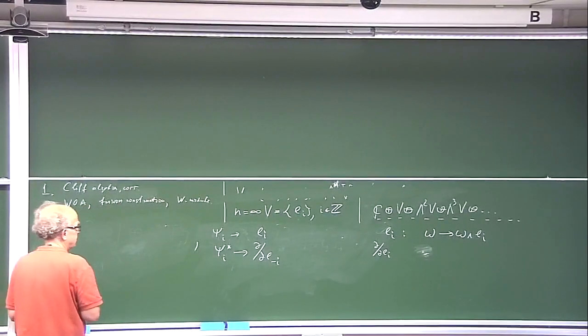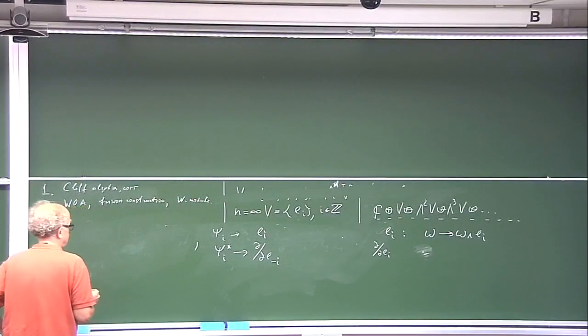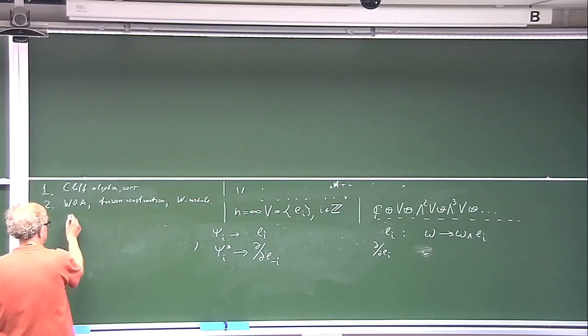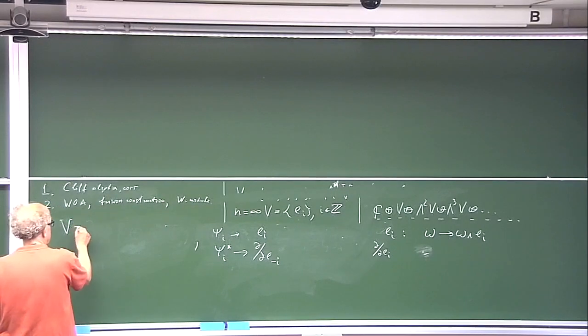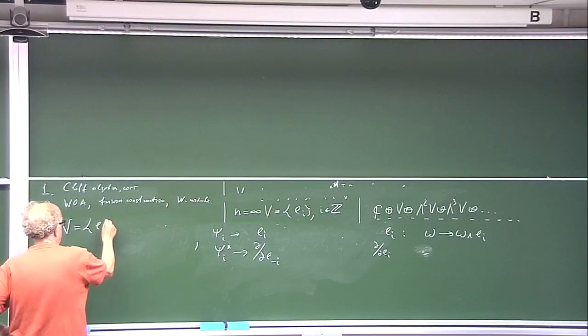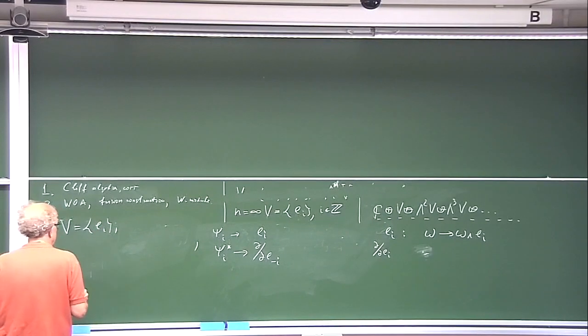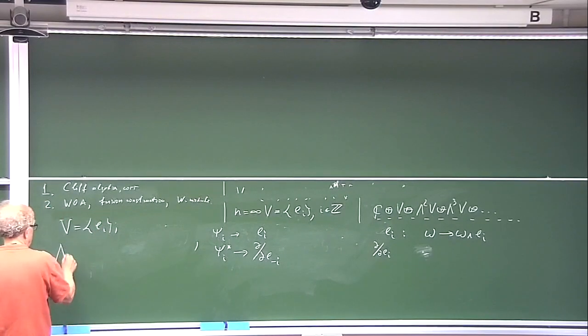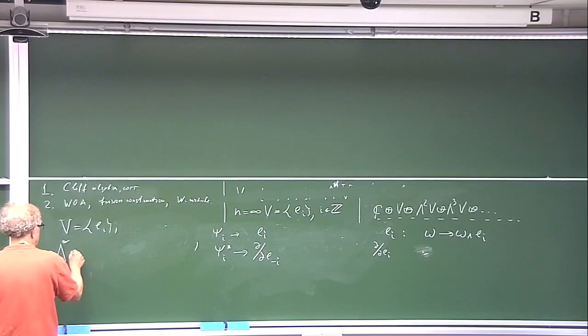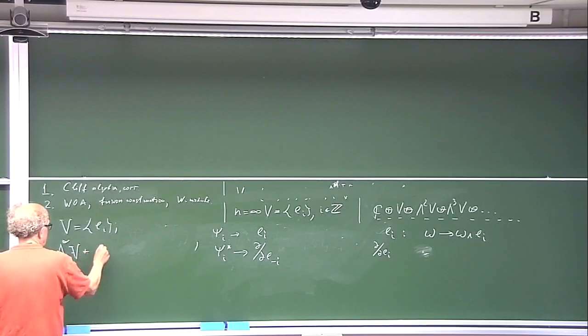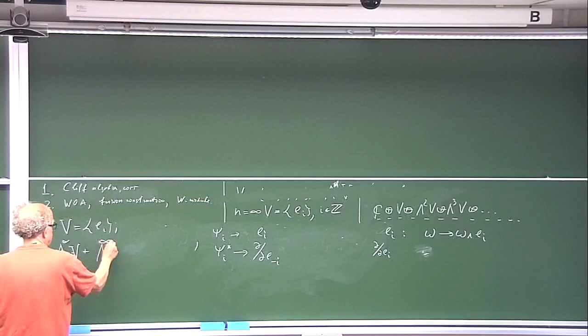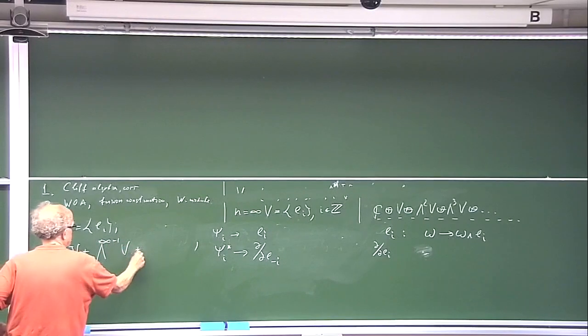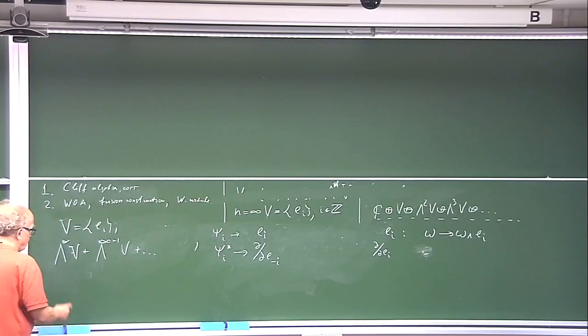But before that, let me say that if I take the same vector space with the basis e_i and take lambda infinity V plus lambda infinity minus 1 V plus so on, I explain what this means.